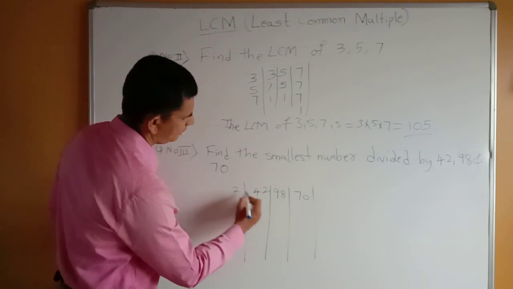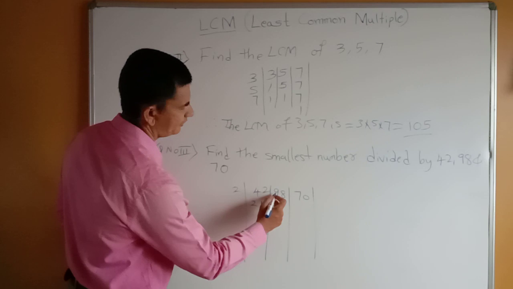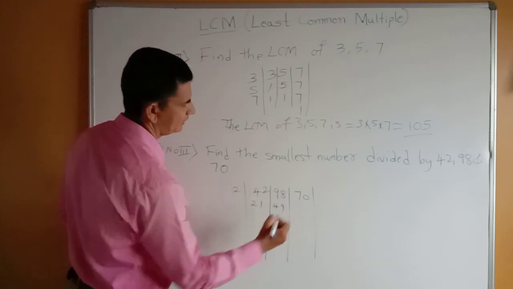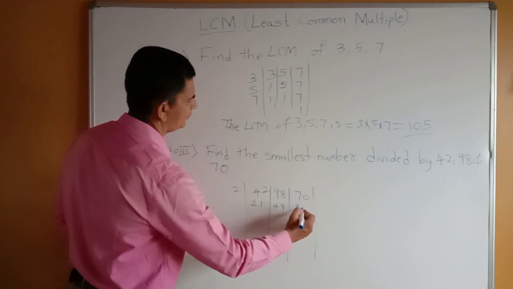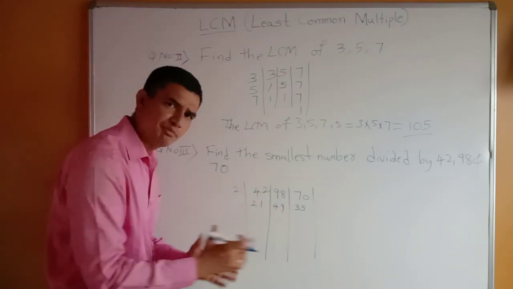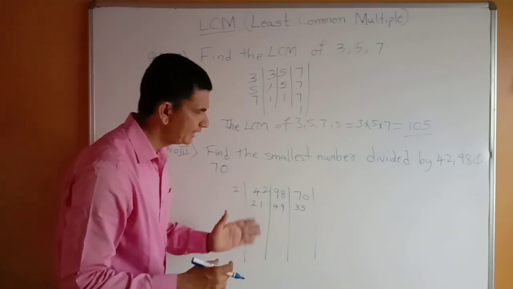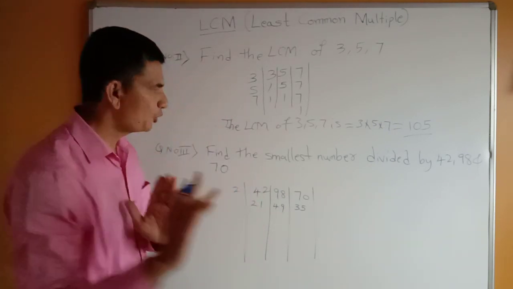2 2s are 4, 2 1s are 2, 2 4s are 8, 2 9s are 18, 2 3s are 6, 2 5s are 10. So if the numbers are too big and you can't do directly how I am doing here, you can do it in rough.